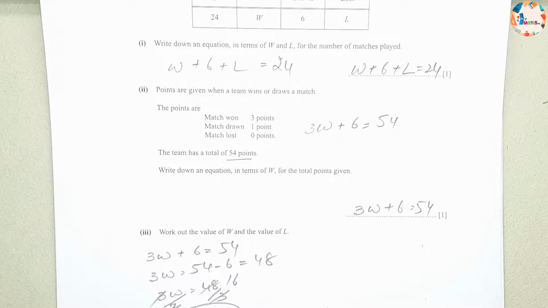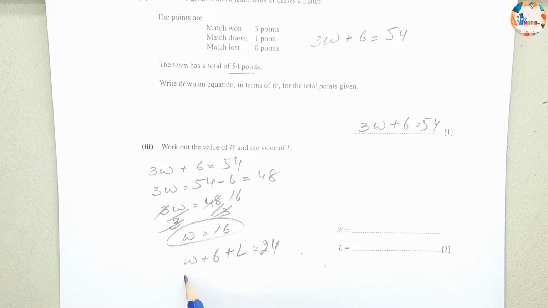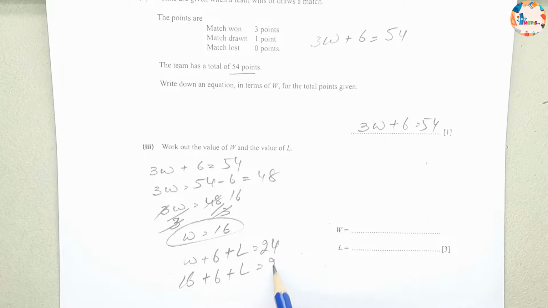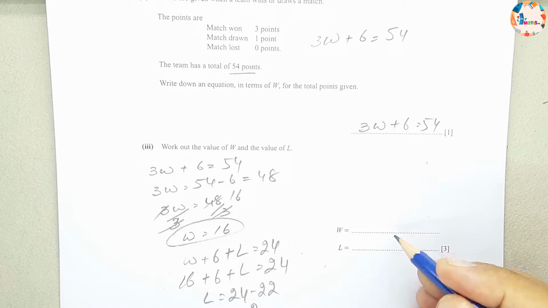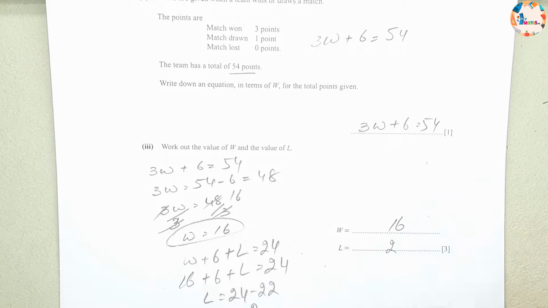Replacing W with 16, we get 16 plus 6 plus L is equal to 24. So this will be 22, so L is equal to 24 minus 22. So L is equal to 2. So 16 for W and 2 for L.